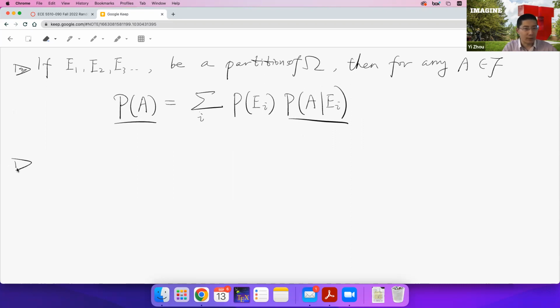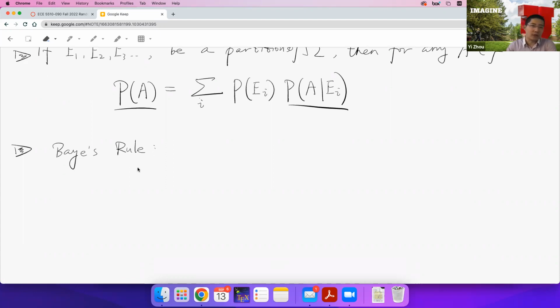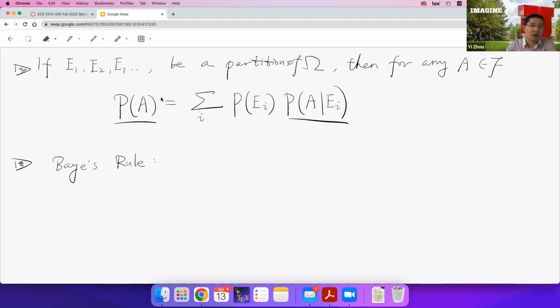And today we are going to talk about another very important rule called Bayes' rule in the probability theory. So basically, in the partition lemma, we partition probability of A in terms of such a conditional probability, where we are looking at probability of A given every partition event EI.